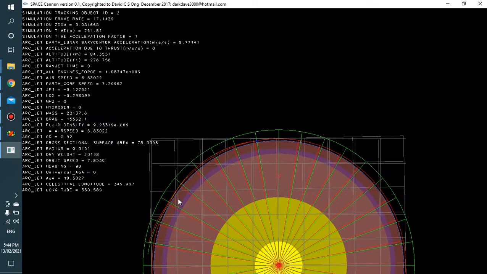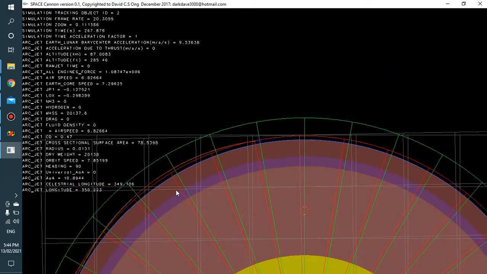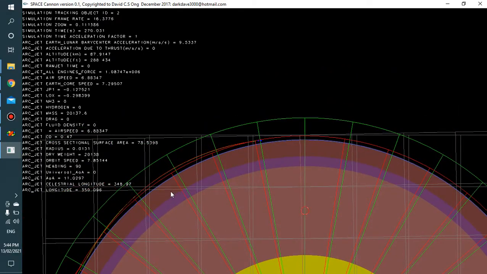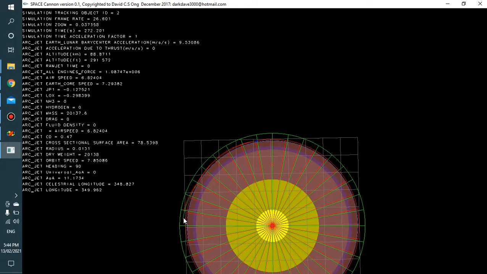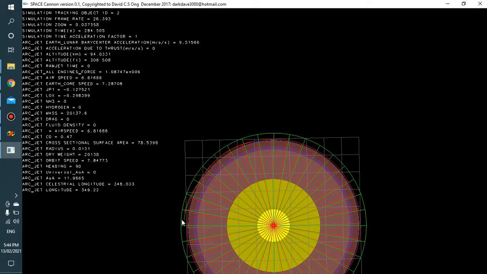Now let me see what's going on. So it looks like we're getting there. I have to wait for this green trajectory to touch this green circular line. And once it does that, I'll switch off my engines.